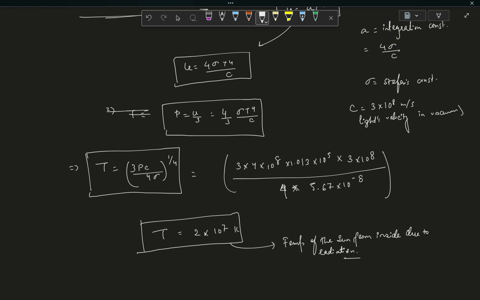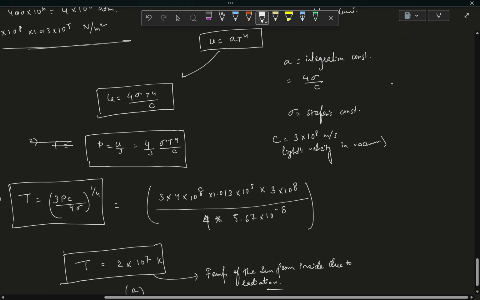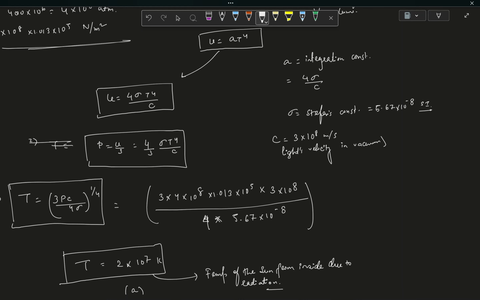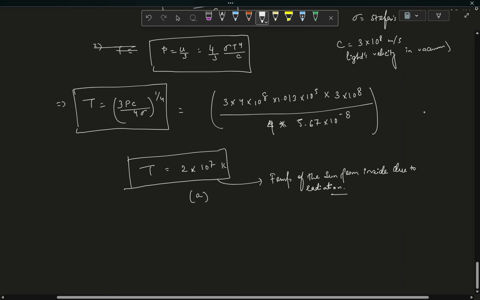So this is the temperature of the sun that you have to calculate from this question. So this is option number A, you can check. And sigma is a Stefan constant value, 5.67 into 10 to the power of minus 8. You can check what is the SI unit of sigma, but this is the value.